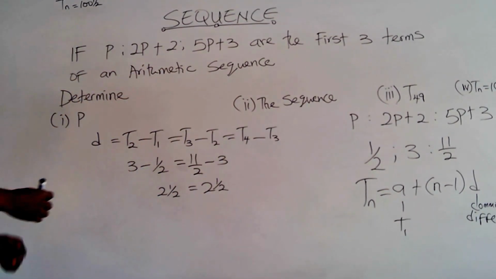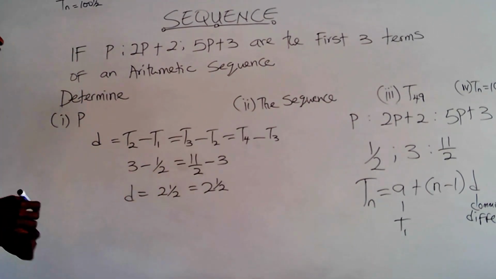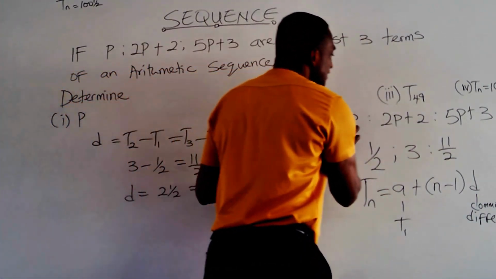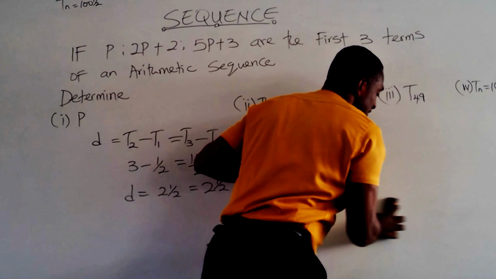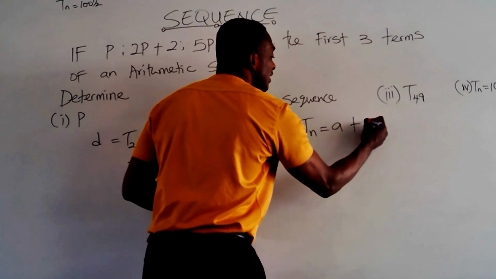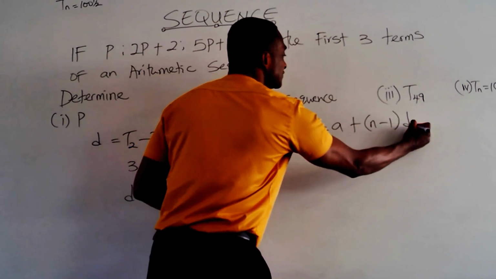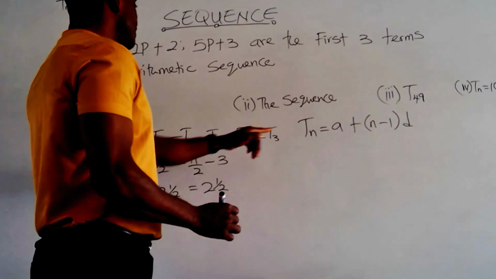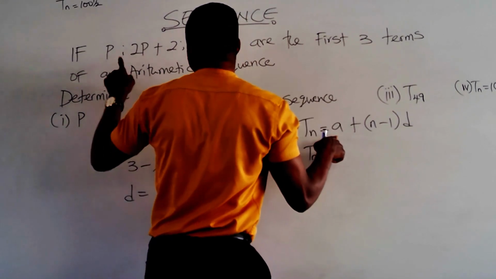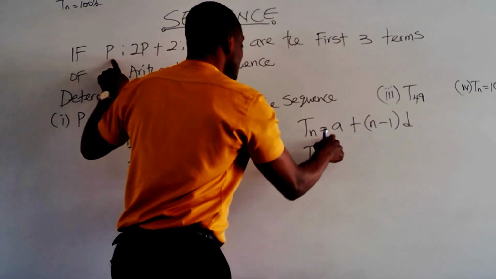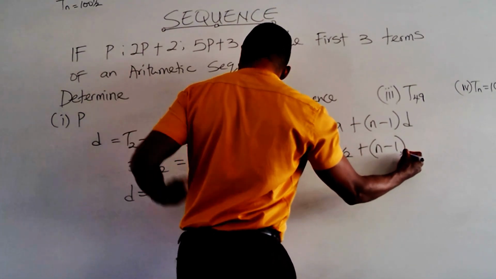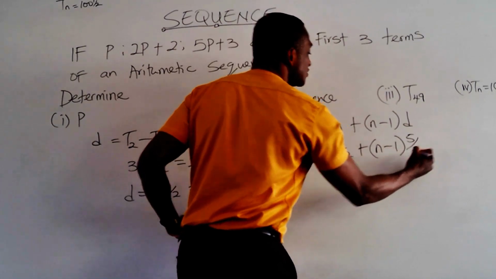So our common difference is 5 over 2. Now let's plug it into the general formula. Our general formula is Tn equals a plus (n minus 1) d. So it will be a, which is our first term, half, plus (n minus 1) times our common difference, 5 over 2, or 2.5.